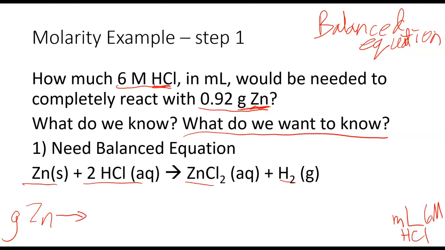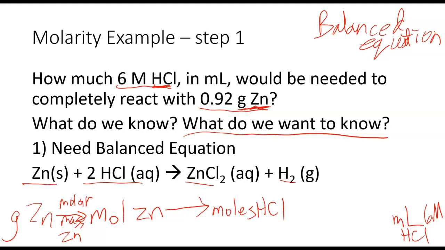So we're going to first convert our grams of zinc to moles of zinc, using our molar mass of zinc. Then we're going to use our balanced equation to go from moles of zinc to moles of HCl.